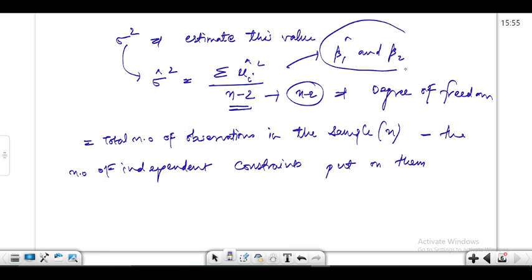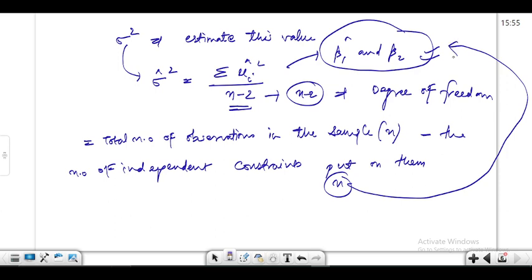So my calculation of sigma hat square is limited by the values of these two parameters. Before I calculate this value, I'll have to calculate these values. My number of values, which actually are n, are restricted by these parameters.